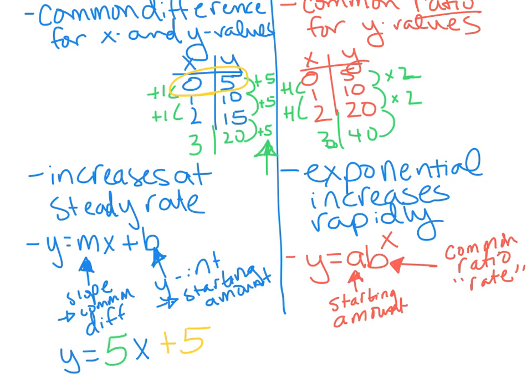So in this equation, our starting amount for this one is also a 5. Our b, our rate, is times 2. That is an ugly looking equation with those colors, but y equals 5 times 2 to the x would be the equation that models the exponential growth.